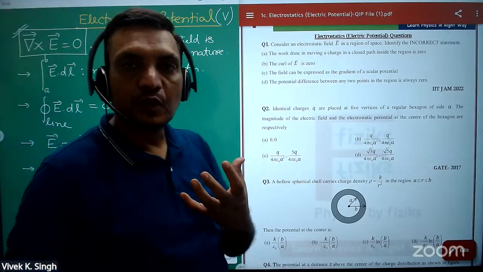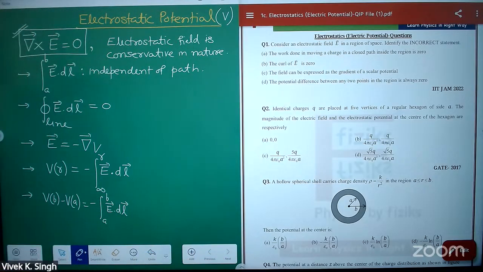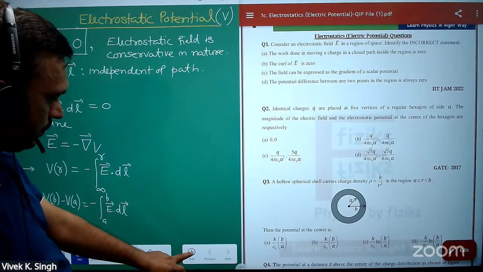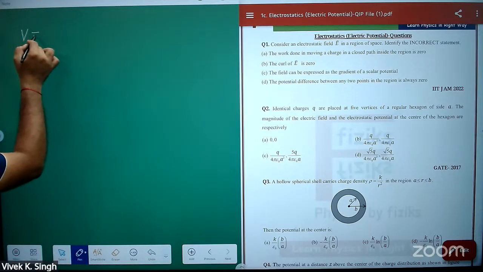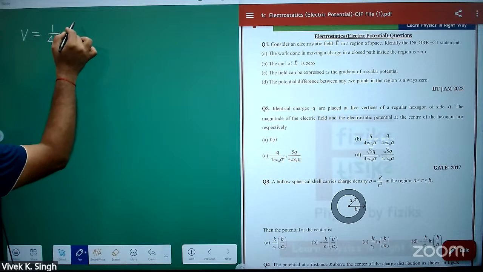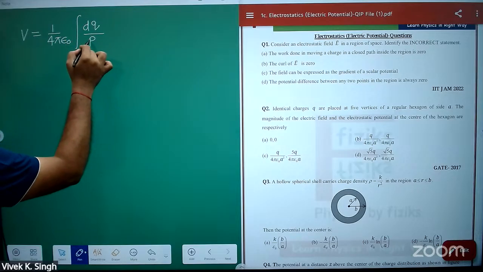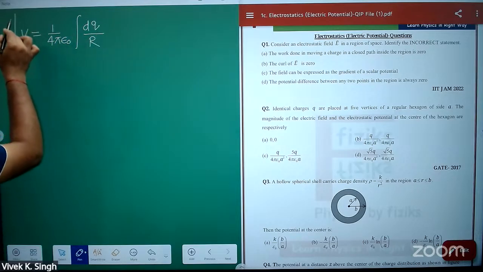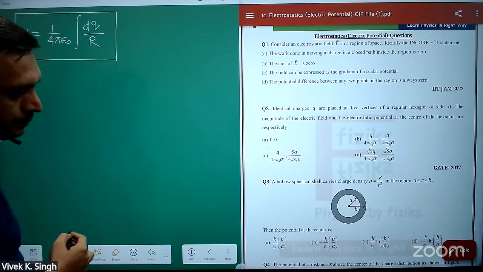If you have a continuous charge distribution, please note it down. The potential for a continuous charge distribution is given by 1 by 4 pi epsilon naught integral dq by r, where r is the distance from the charge distribution.